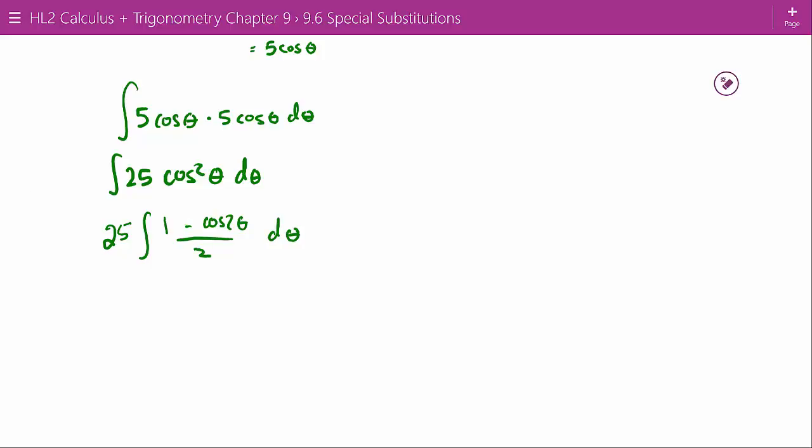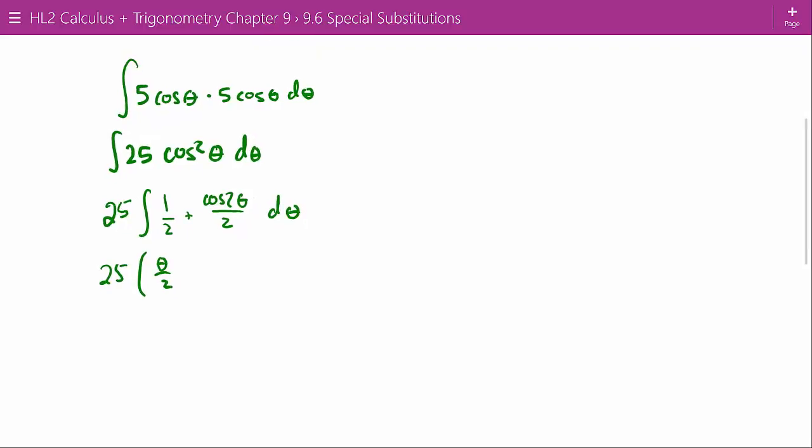We're going to think of this as being 1/2 plus cosine 2 theta over 2. So we have 25 times theta over 2 plus 1/4 sine 2 theta plus c. And we're going to distribute. So 25 theta over 2 plus 25 over 2.